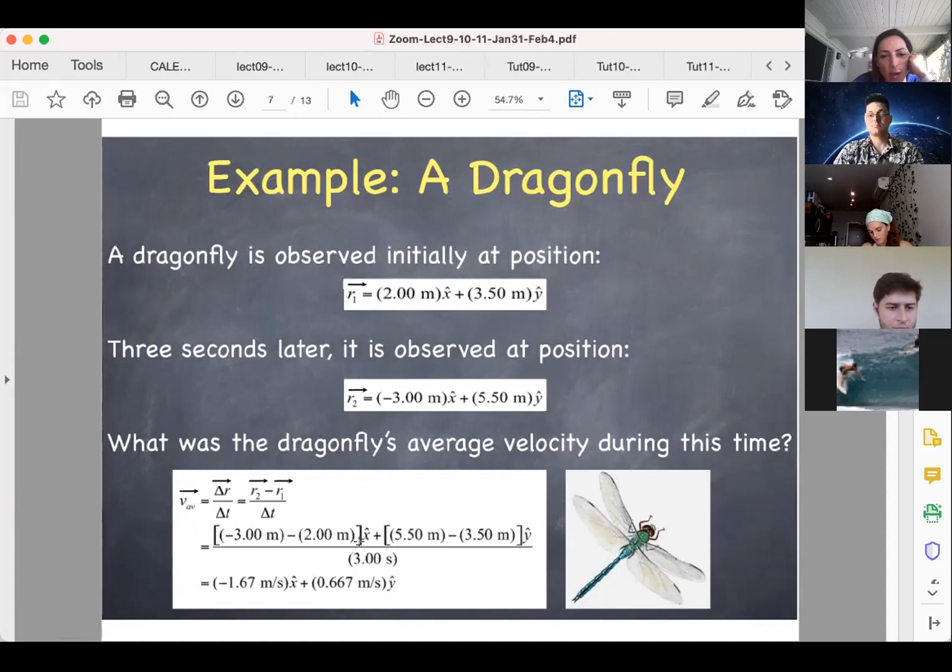This is what you're going to have along x, plus what you're going to have along y, final position minus initial position. This is along y, everything gets divided by the time, because we know from this equation, right? So if you divide one and the other one, you find out what the average velocity of the dragonfly is along x and along y. And so you identify univocally your vector.